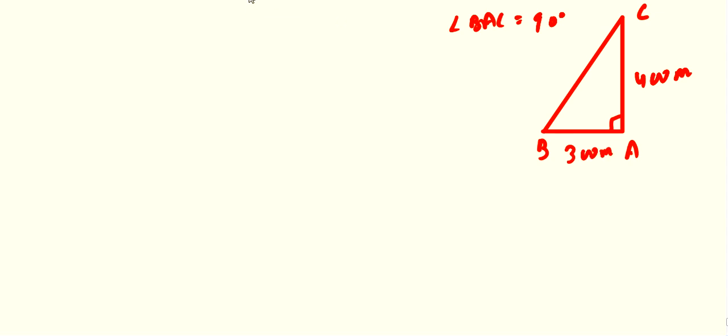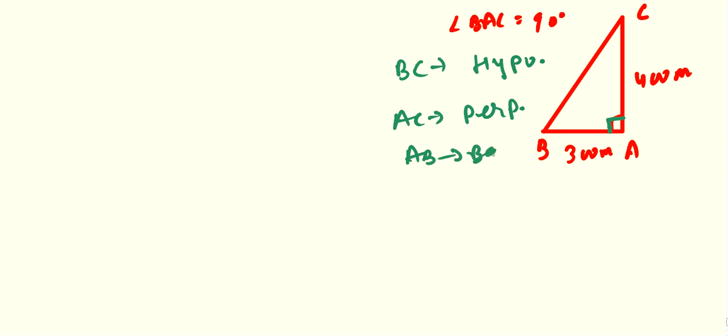Now you are having 90 degree here, so side opposite to this 90 degree is BC. So BC will be hypotenuse. Then AC you can take as perpendicular and AB is base.